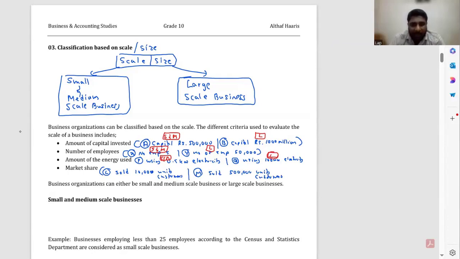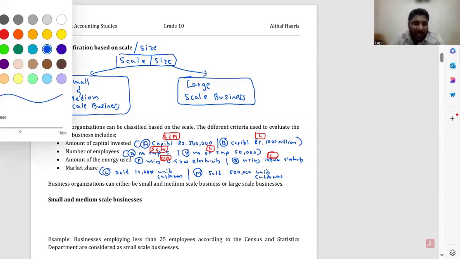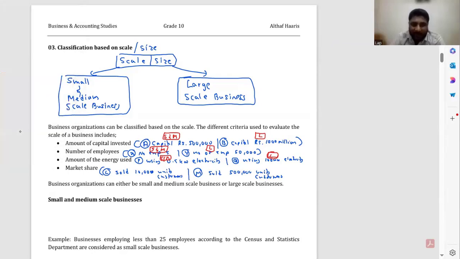Tell me, people, who is the small and medium scale business? Who is the large scale business? Who is having the higher market share? Higher market share means who has sold more, who is having more customers. L is small, just 10,000.